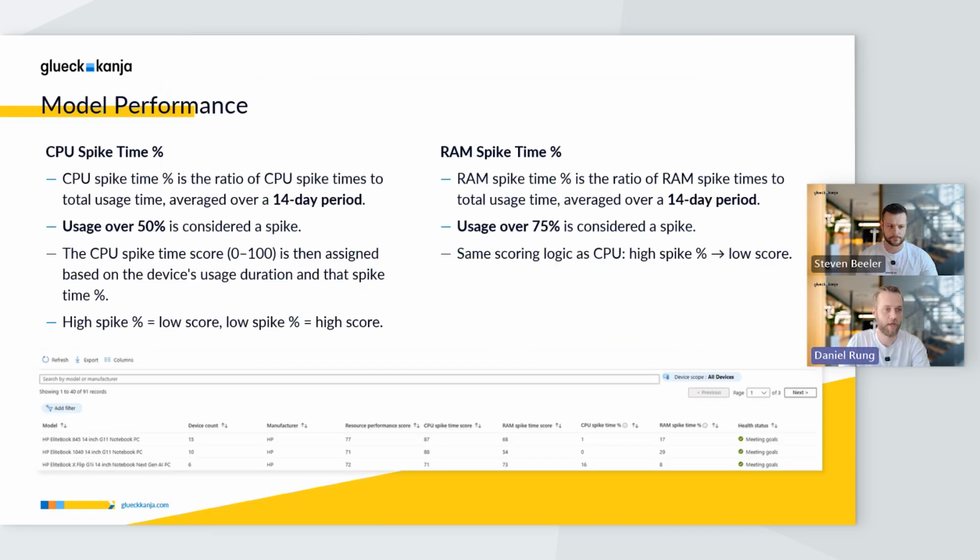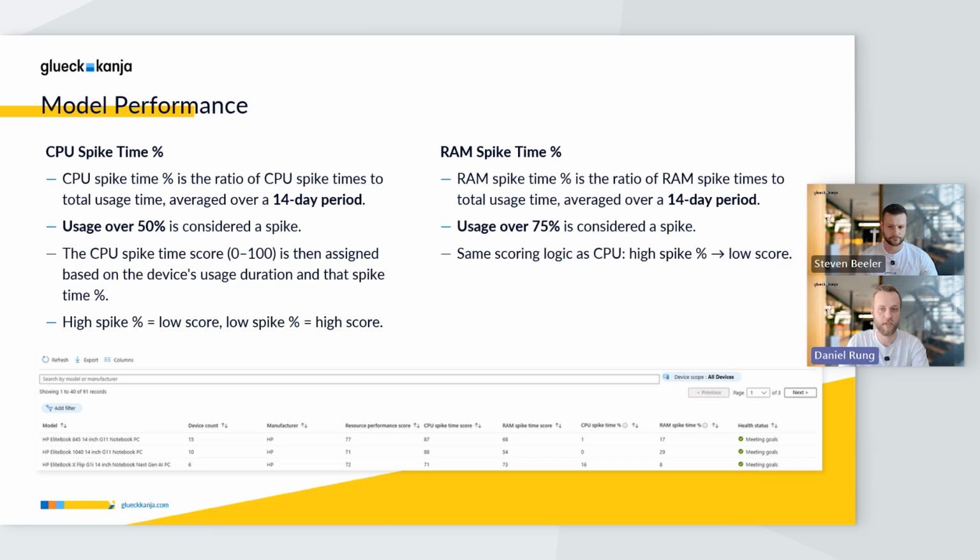And on the next page, we dig deeper to the model performance. So here in the model view, we see some values I explained to you. The CPU and RAM spike time basically means the percentage of each, and it is the average of the last 14 days. So it's not a one-day problem. It's more over the time.